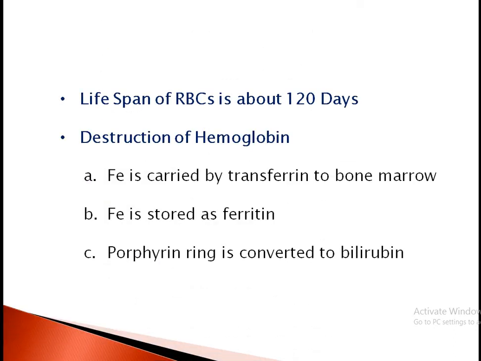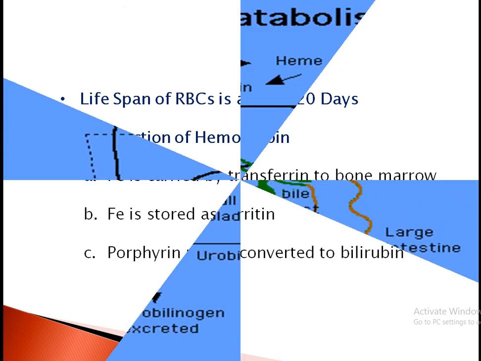Lifespan of the RBC is 120 days, after which they are destroyed. Regarding the hemoglobin, we have two things, heme and globin. Globin is just a simple plasma protein, while in heme we have the iron that is carried by transferrin to the bone marrow, and it may be stored as ferritin, and the porphyrin ring is converted to bilirubin.